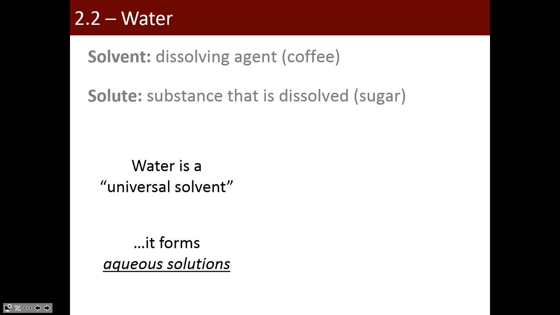So we say that water is a universal solvent because water readily dissolves anything that's polar. Okay? And that makes what we call aqueous solutions. I'm going to have this underlined because it's not a word I'm going to test you on, but I will warn you that I use the term aqueous solutions all the time.